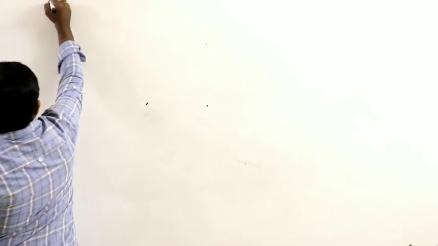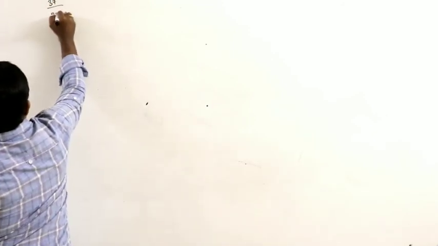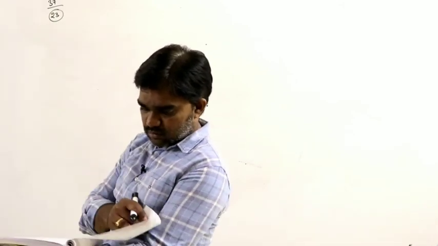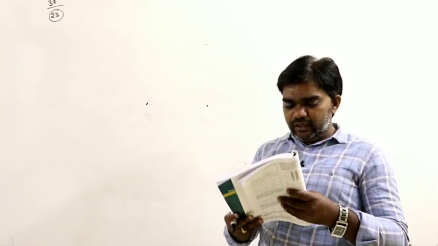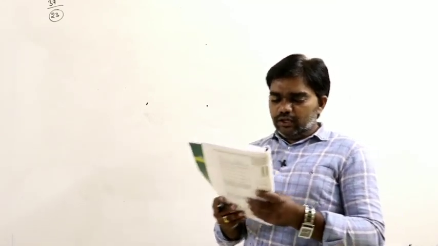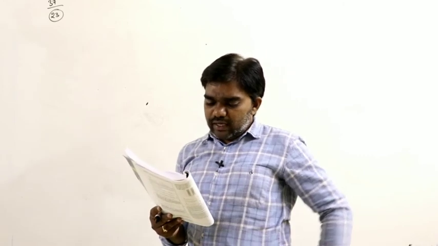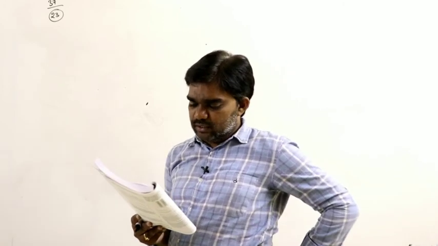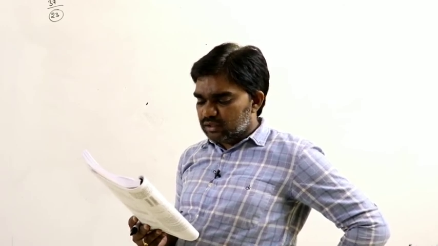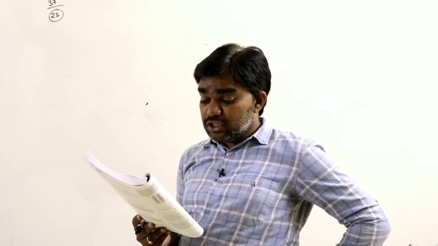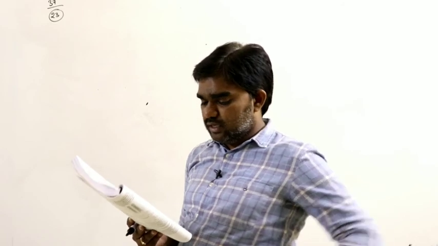Next. Page number 37, question number 23. An electron traveling from infinity with a velocity v into an electric field due to two stationary electrons separated by a distance of 2 meters. If it comes to rest when it reaches the midpoint of the line joining the stationary electrons, the initial velocity of the electron is.